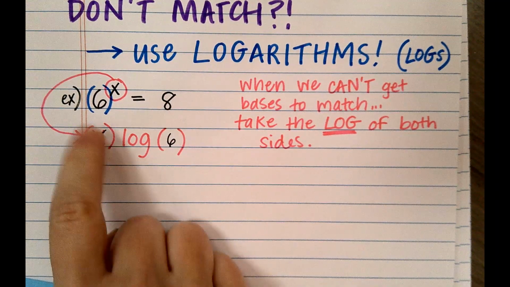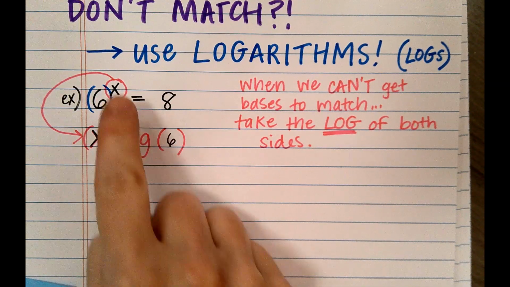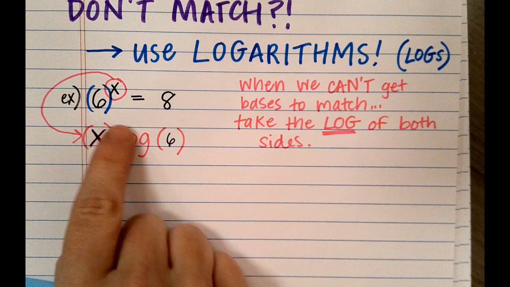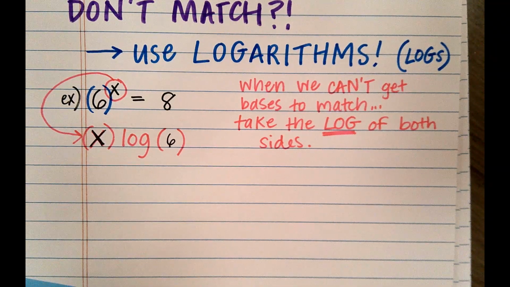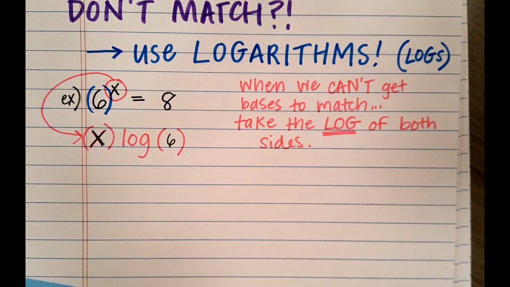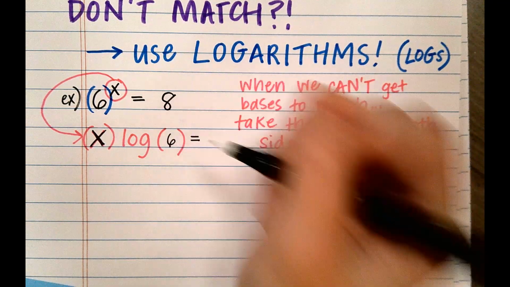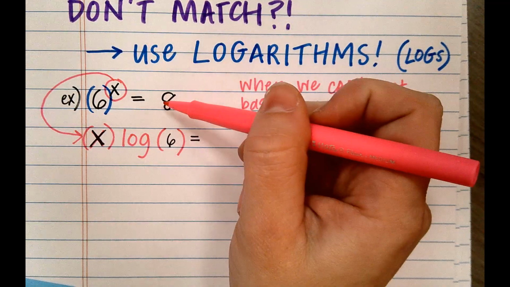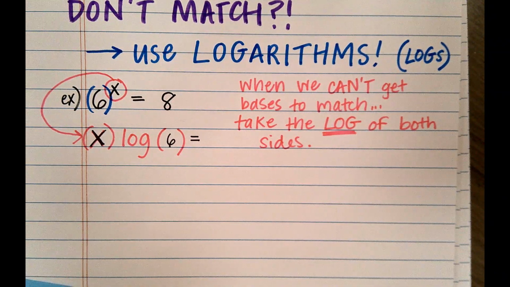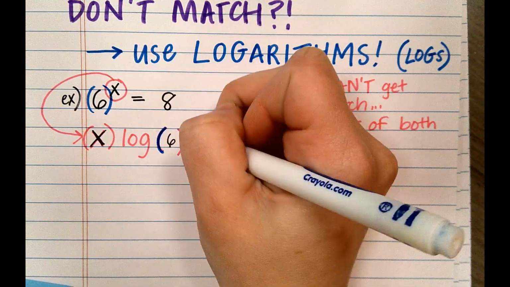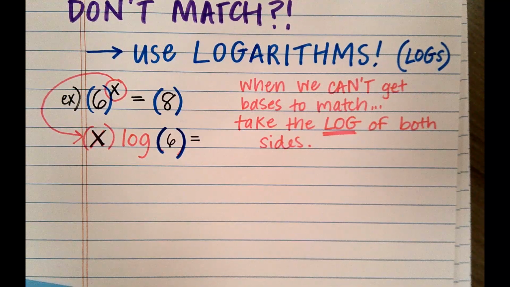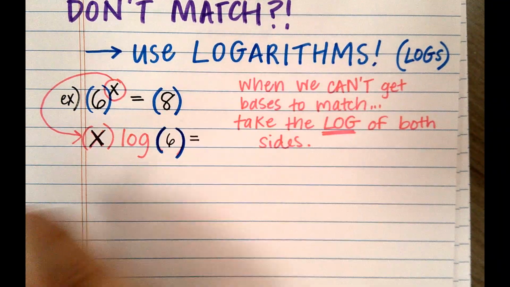So my base goes after the log, and my exponent goes in front of the log. So basically this is x times the log of 6. That means we've gotten the exponent out of the exponent spot. Equals, now we're going to take the log of the other side, 8. I'm going to color code this a little better, putting my bases in blue and my exponent in pink.